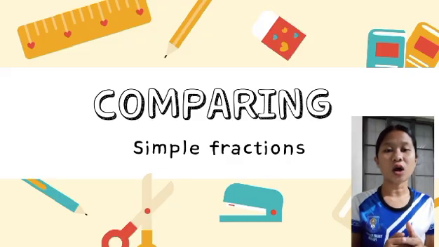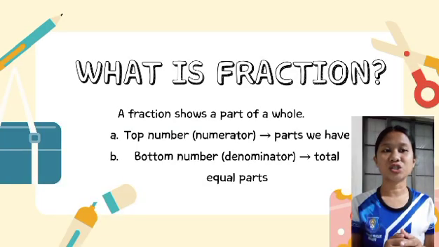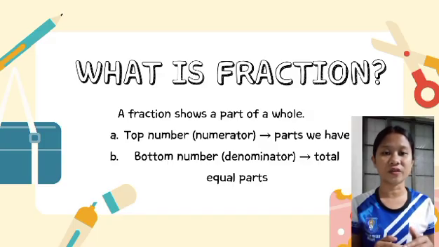Okay, so let's talk about comparing simple fractions. I will explain to you the fraction and how we compare fractions. A fraction shows us a part of a whole. For example, we have 1 whole pizza and cut it into equal slices. A fraction tells us how many slices we have.